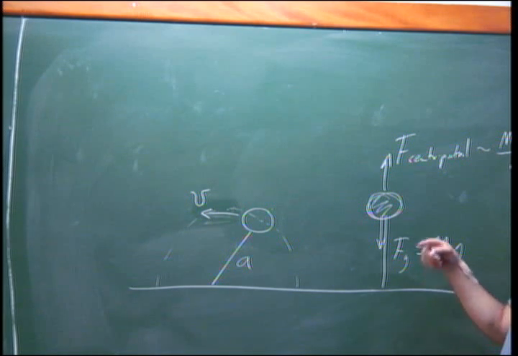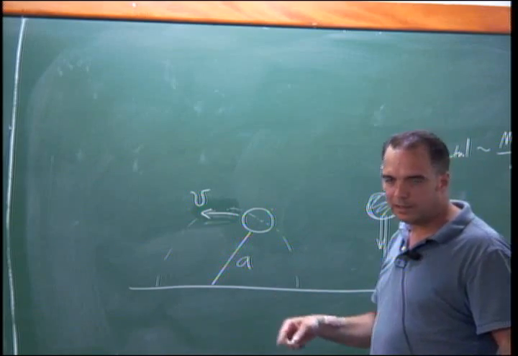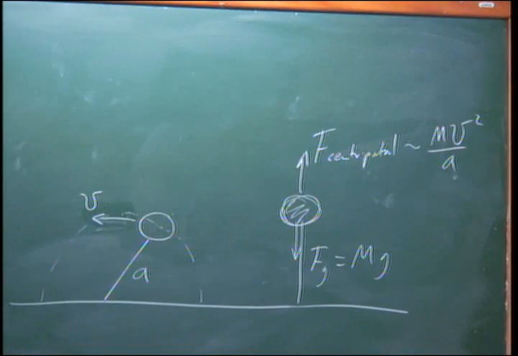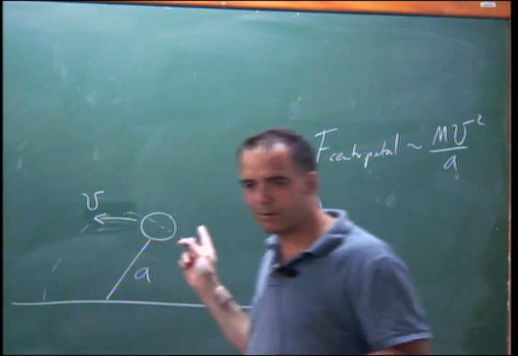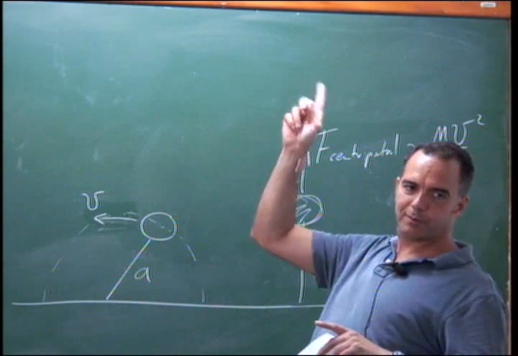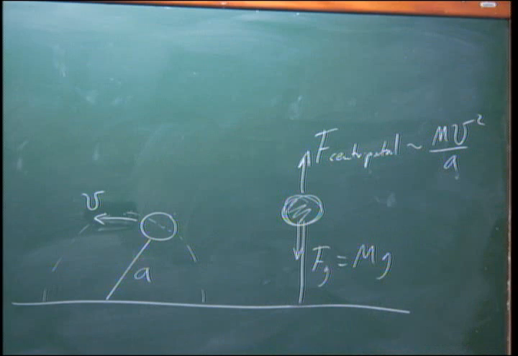It turns out that the gait changes in horses, for example, when they go from walking to trotting to cantering to galloping, happen at discrete values of the Froude number. Because it's basically this ratio of the centripetal force upwards and the gravitational force downwards.